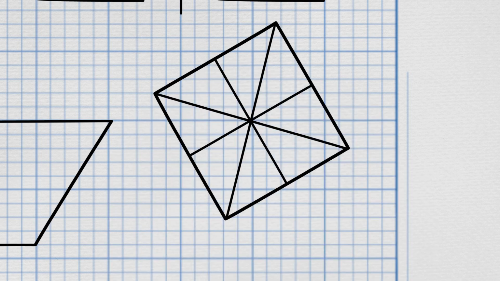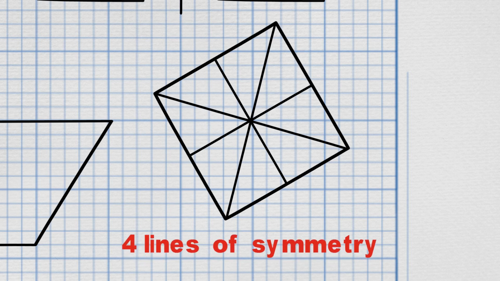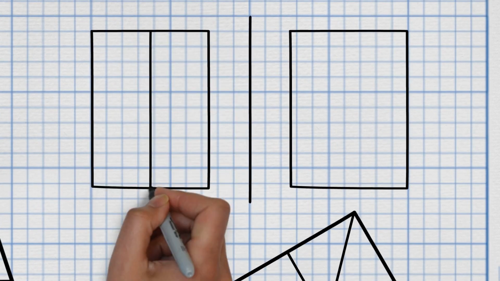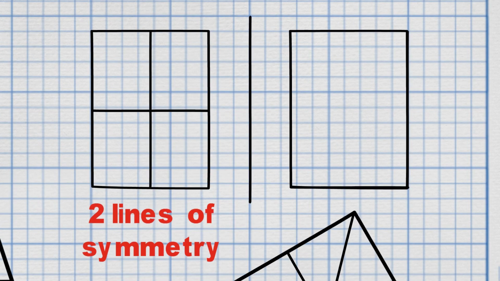So Max, we can see that the square can be folded over a line to create equal matching halves in 4 different ways. So it has 4 lines of symmetry. Yes, Min. And the rectangle has just these 2 lines of symmetry.